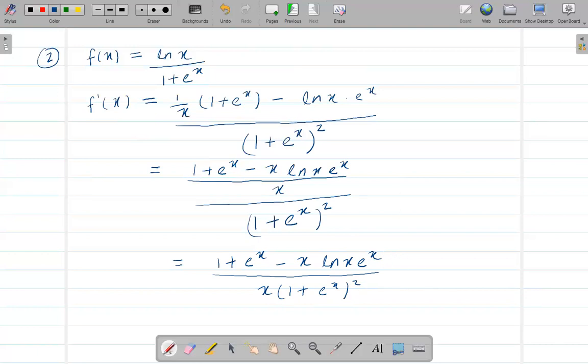This one looks slightly better than this, so it's always a good idea to simplify if you can. I'm not sure what Pearson really asks you to enter for these kinds of problems, so it's a good idea to simplify if you can. But if you see there is no way to simplify, then you can just stop there.